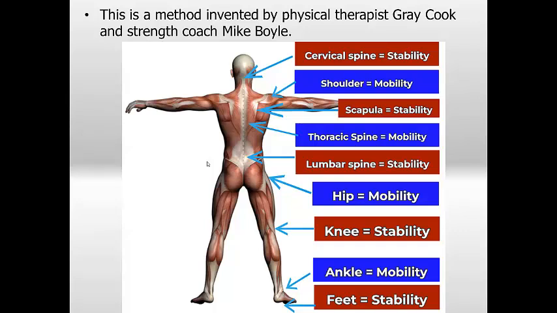All right, so as a general rule, this works quite well in helping you to determine the best corrective exercises for these specific areas, but even more importantly than that, it helps you to determine, okay, if I've got a knee problem, maybe it's because I've got a mobility problem at the hip and the ankle that is causing my knee to be in pain.